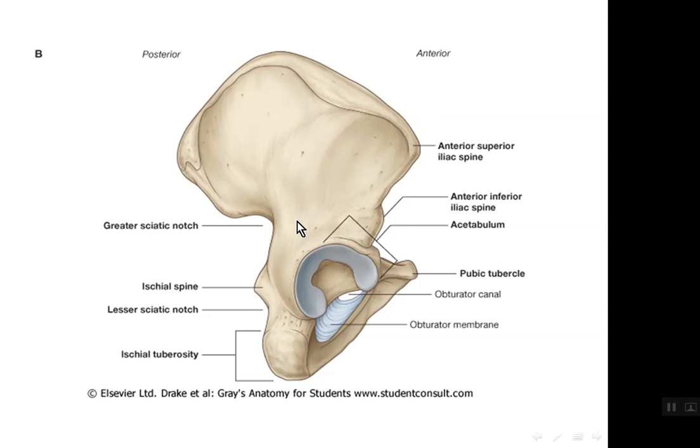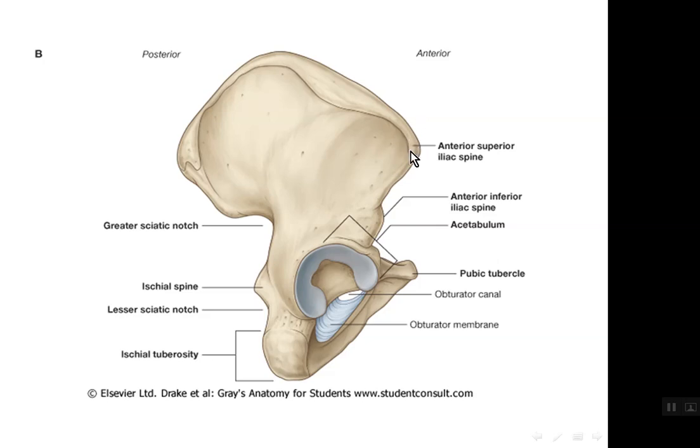For example, in the iliac portion we have a crest which starts from the anterior part and continues toward the posterior aspect of the hip bone. At the anterior and posterior tip of this crest we have 2 spines, because they are sharp like a spine.